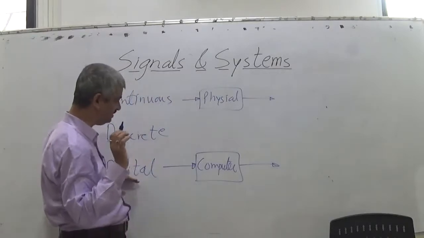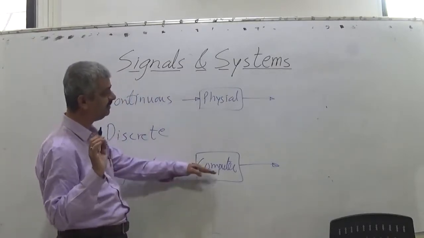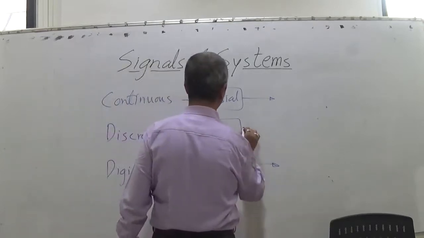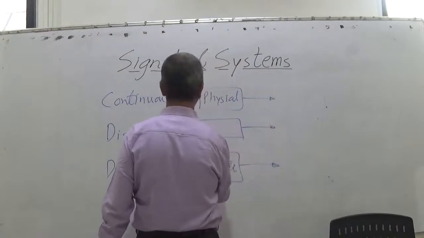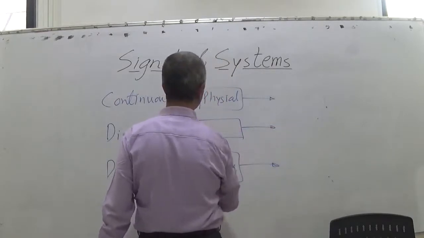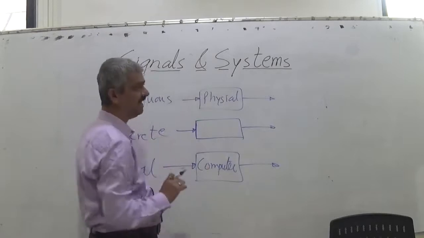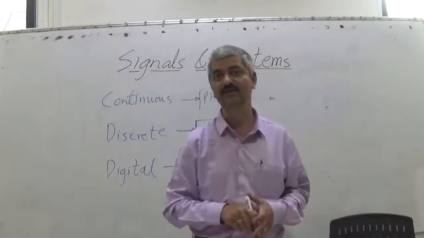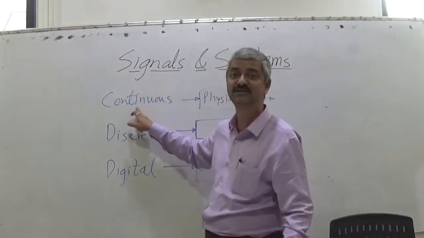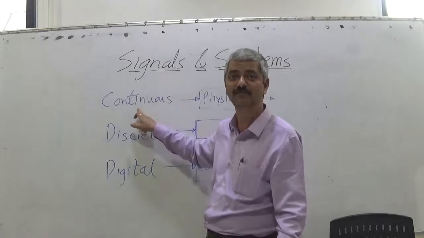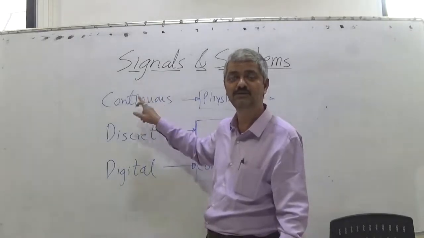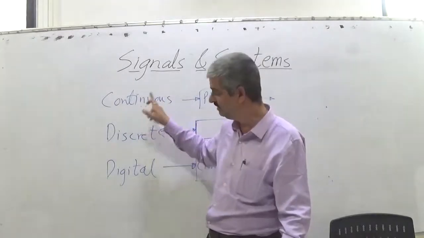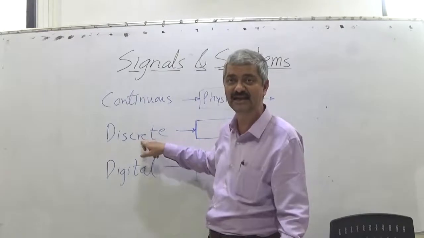A digital sequence is received by the computer and converted to another digital sequence, and discrete can only be processed by a human being. Discrete is an array of numbers. This is a continuous mapping of numbers, a continuous function. This is an array of numbers.